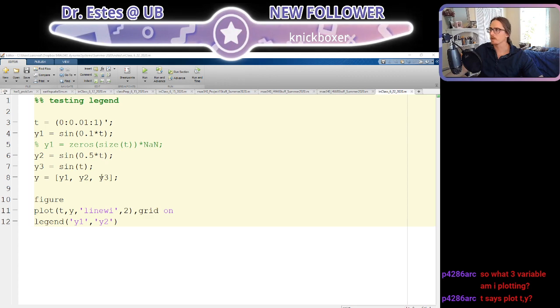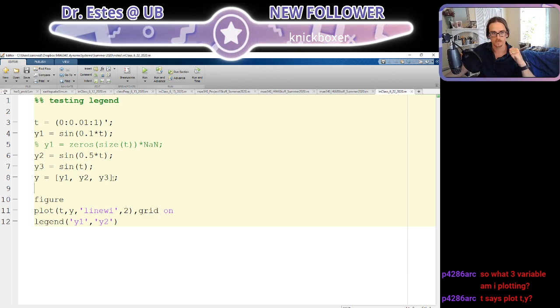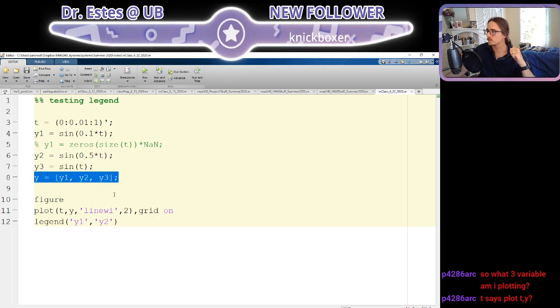When you do the step command, in your code you have this variable y, and you said it's 1329 by 3, right? So that means it has 3 columns, and each column has 1329 rows. So it's similar to this.